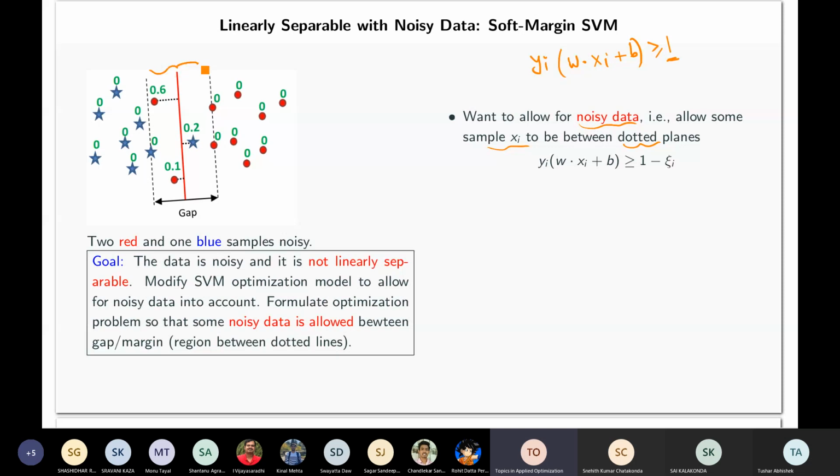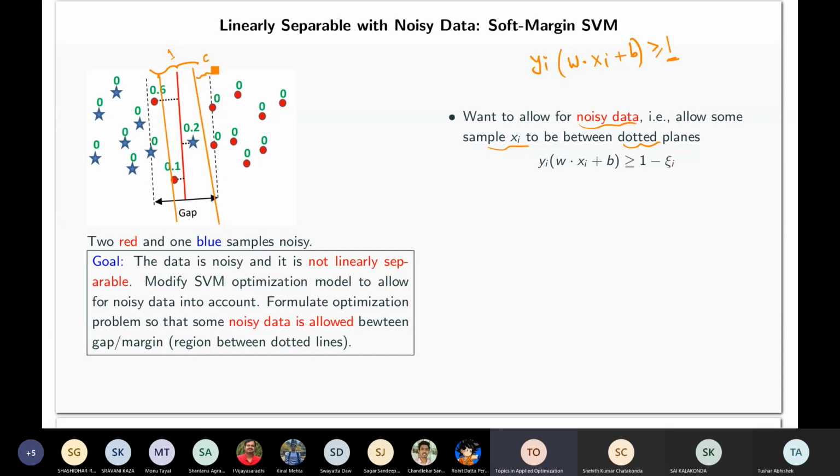So our concept of 1 was like this. But what we want now is to allow for some penetration between the gap. So this will allow the penetration. So 1 minus ξi will be somewhere here and 1 minus ξi will be somewhere here.